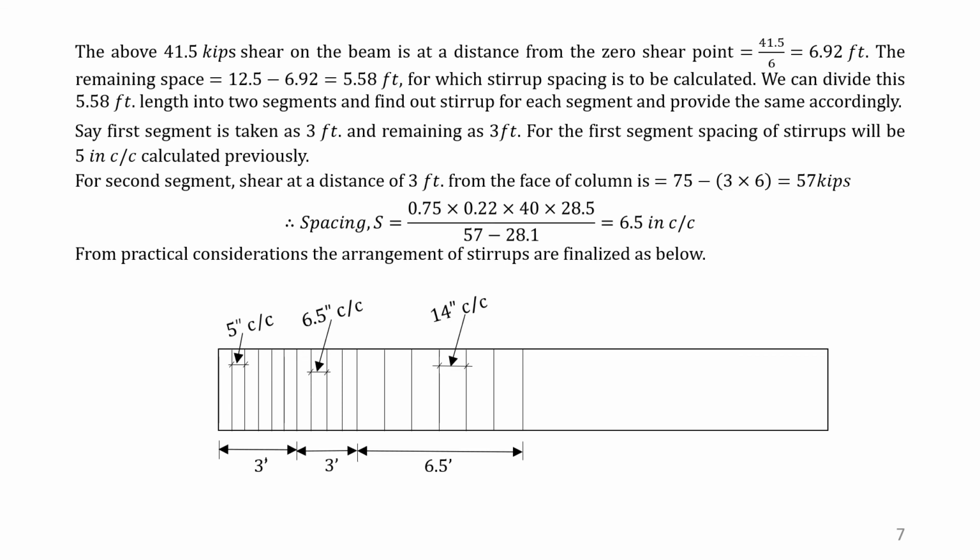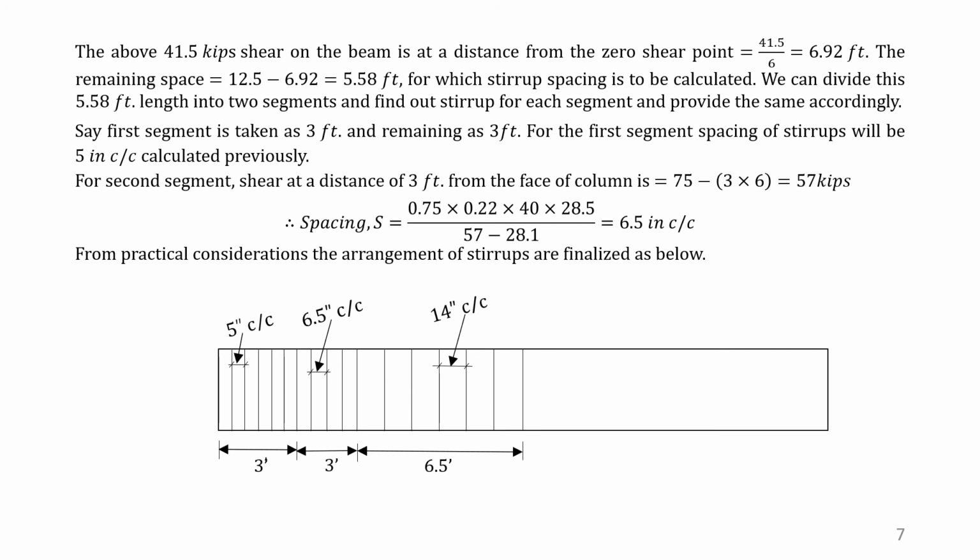We can divide this into two spaces for changing the shear reinforcement spacing. For the first 3 feet, we have already calculated that the shear spacing is 5 inch center to center.